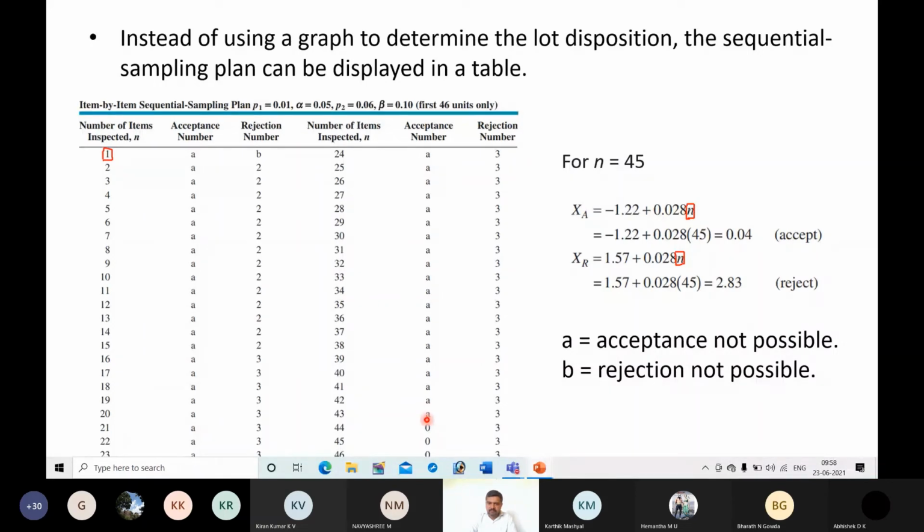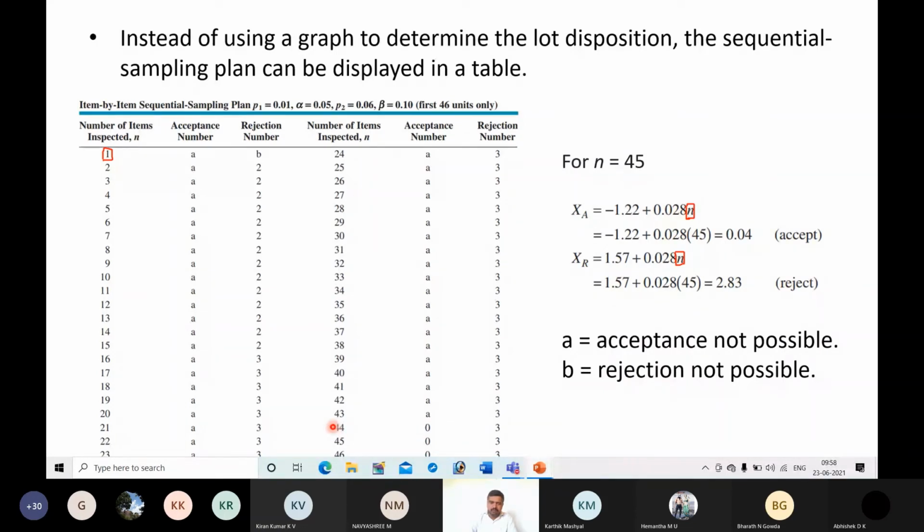When you substitute n as 44, you will get 0.02, which will be rounded down to 0. Next, if you substitute n as 45 in this equation, it will be 0. So that means only after taking 44 samples are you able to make a decision regarding whether to accept a lot.